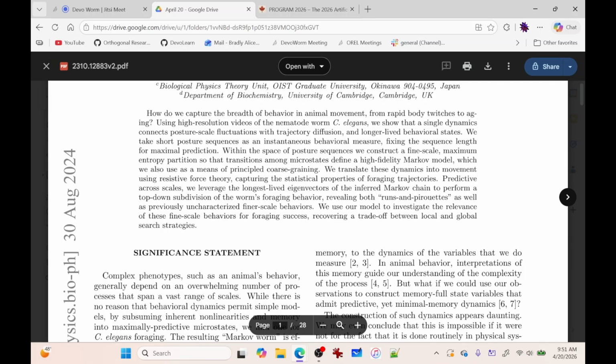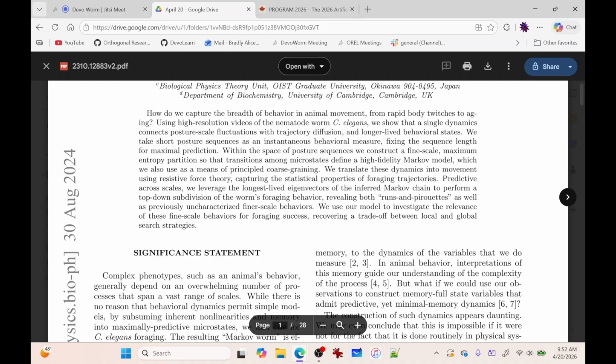We translate these dynamics into movement using resistive force theory, capturing the statistical properties of foraging trajectories. Predictive across scales, we leverage the longest-lived eigenvectors of the inferred Markov chain to perform a top-down subdivision of the worm's foraging behavior, revealing both runs and pirouettes, as well as previously uncharacterized finer-scale behaviors.